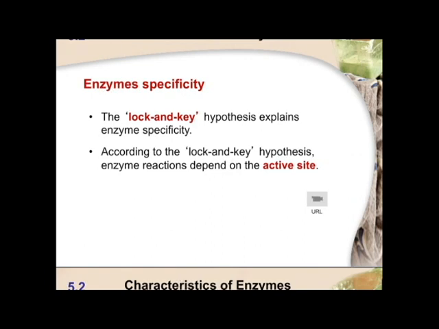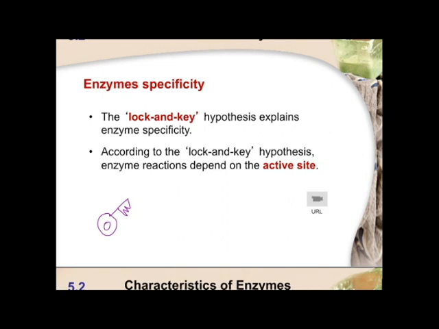When we look at enzyme specificity, one very good hypothesis or theory that helps to describe this very clearly is the lock and key hypothesis, which explains the enzyme specificity. And of course this is dependent on the active site.